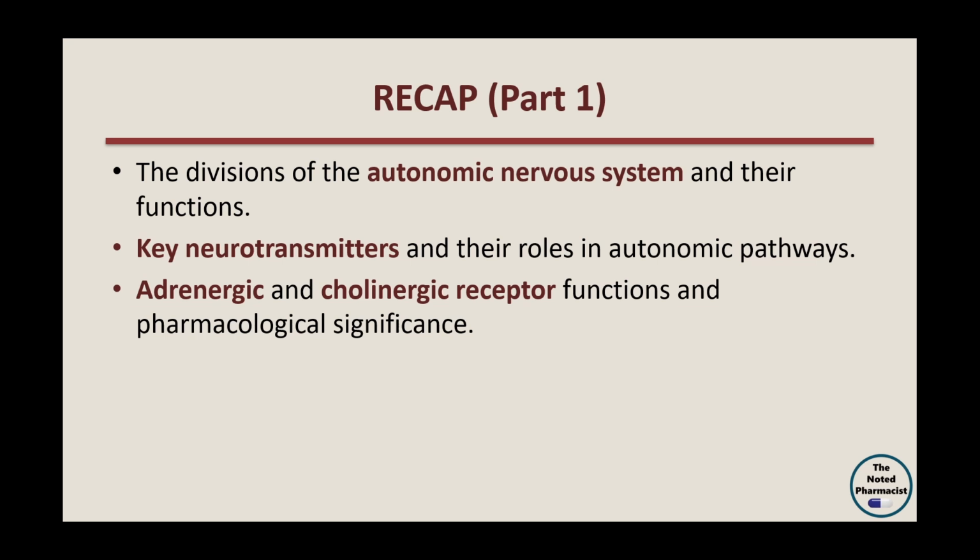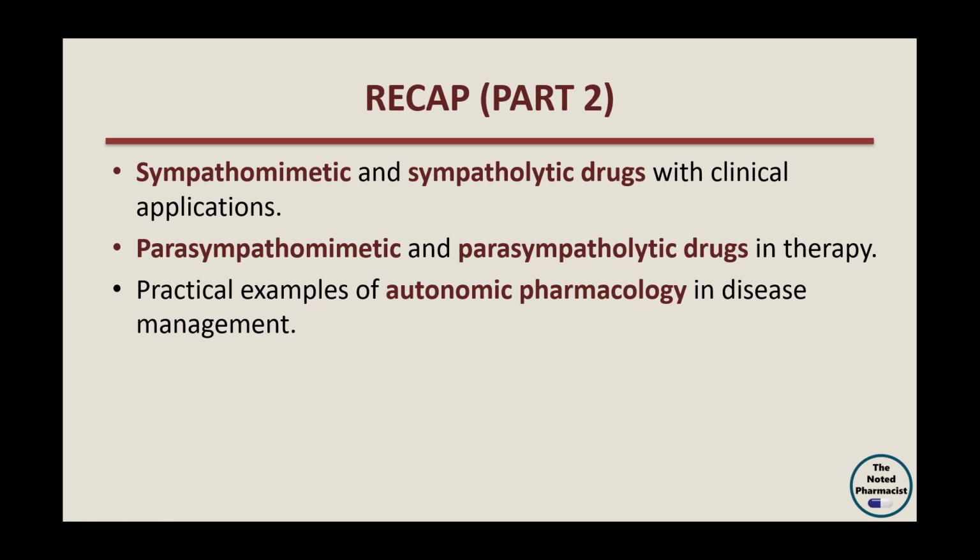Adrenergic and cholinergic receptors and their roles in physiological responses. Sympathomimetic and sympatholytic drugs, including clinical examples like epinephrine and propranolol. Parasympathomimetic and parasympatholytic agents and their therapeutic uses. Real-world applications of autonomic pharmacology in conditions like asthma and hypertension.